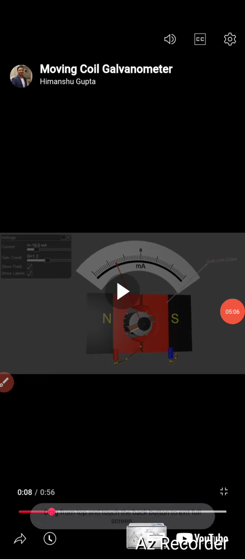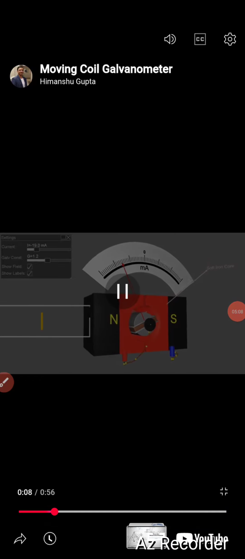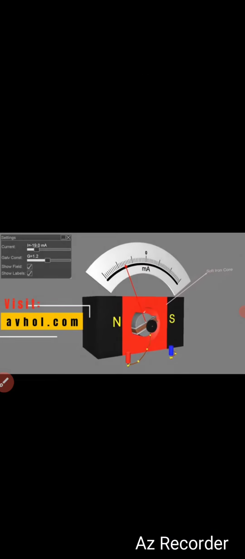Now you can see another 3D simulation of the working of a moving coil galvanometer. It has a solenoid, which is connected and placed in a magnet. The deflection is obtained by varying the current.